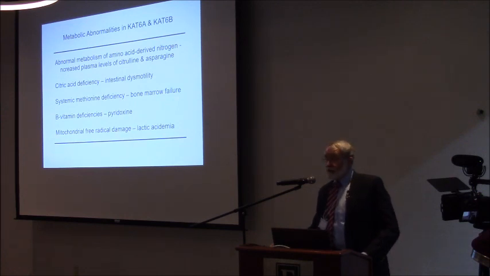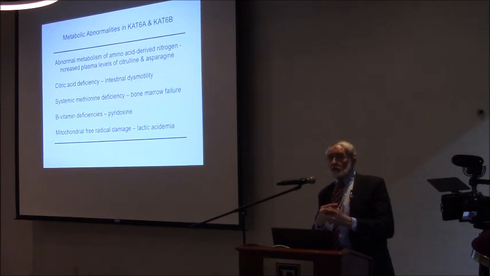Having heard more about KAT6A, and I had mentioned before, finding that there's a high incidence of dysmotility, that the gut doesn't work well. And it can be so severe that there can be frank obstruction, a volvulus, where the gut turns over on itself, or intussusception, which is where one part of the intestine telescopes over the other, and that's a medical emergency.